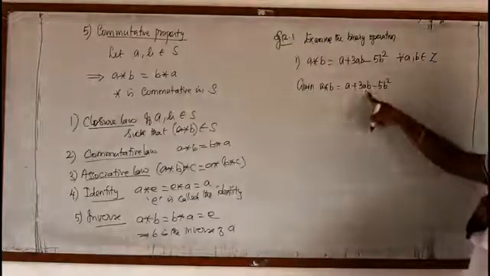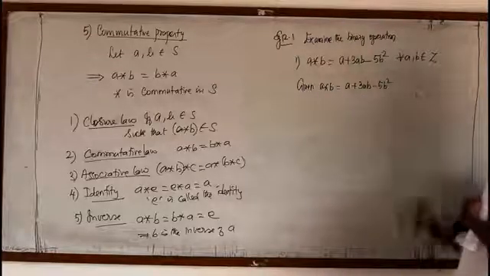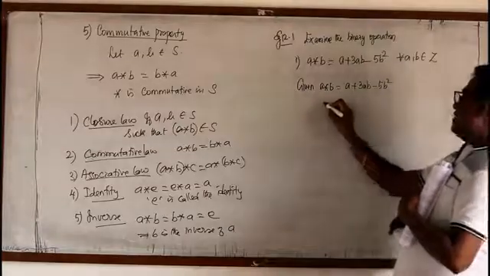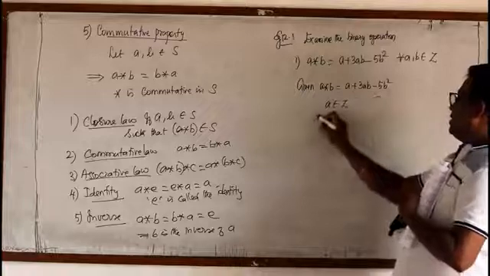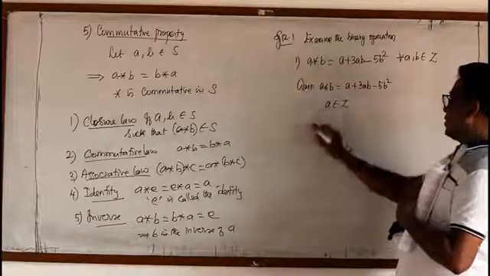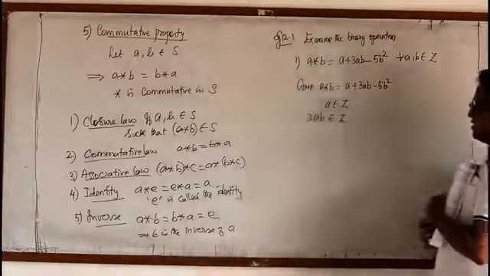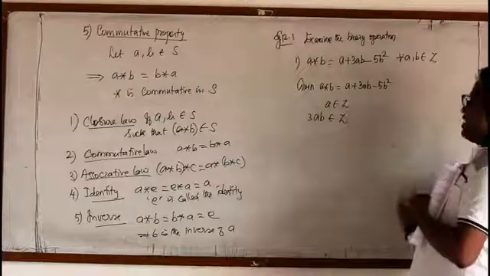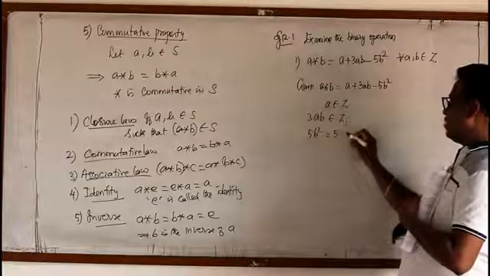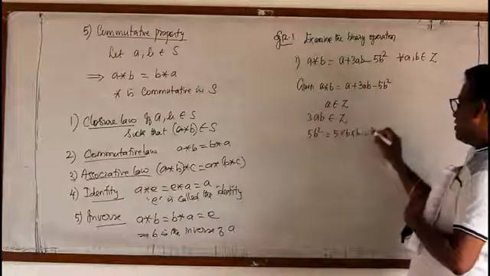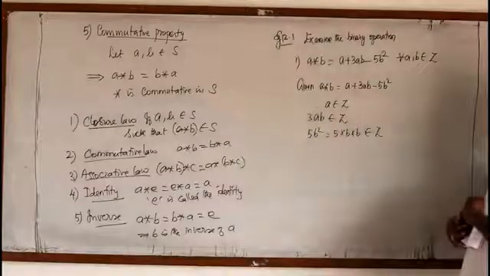So A into B, AB, that is another integer, so definitely AB will be in Z. 3AB is also belonging to Z because 3 into A into B is also an integer. Now 5B square means 5 into B into B, which also belongs to Z. Therefore all these three numbers belong to Z.